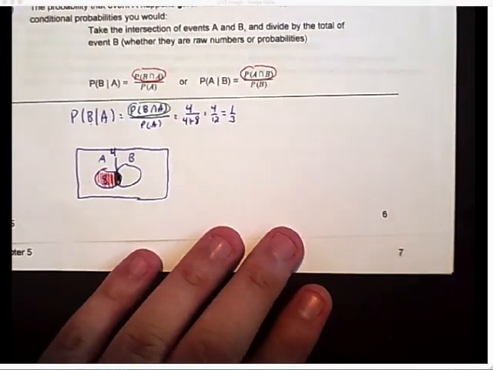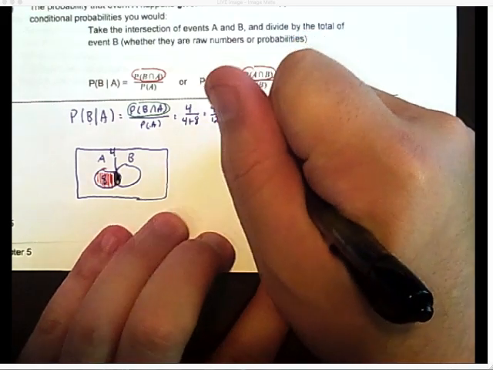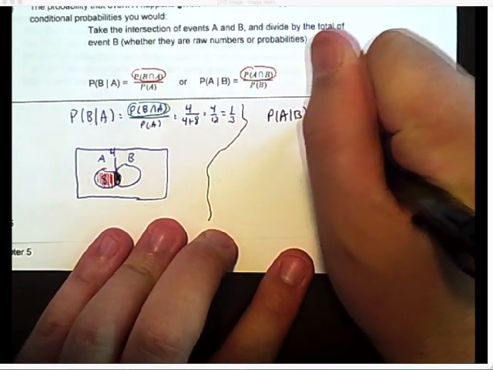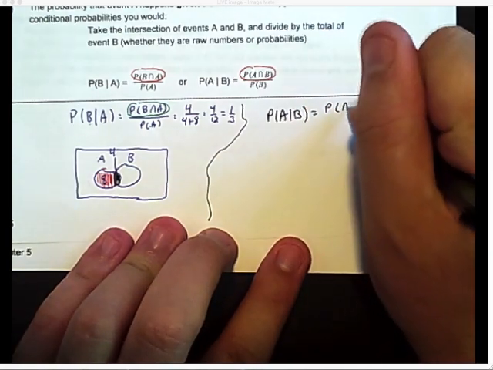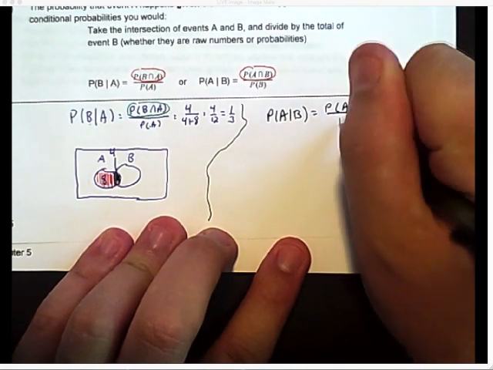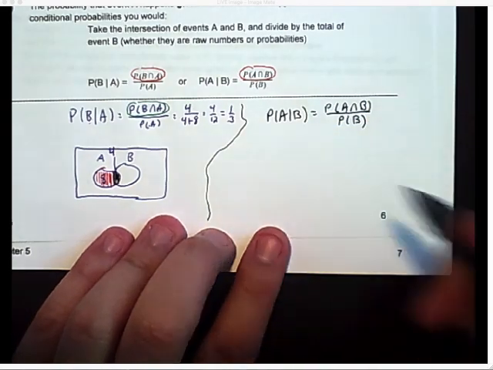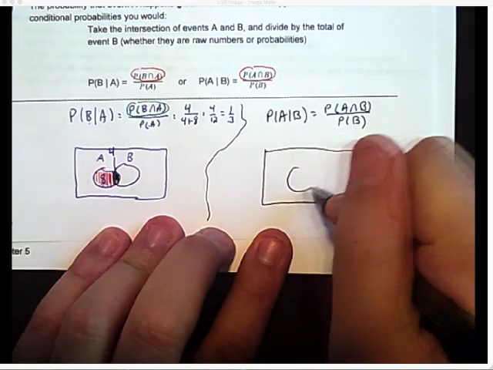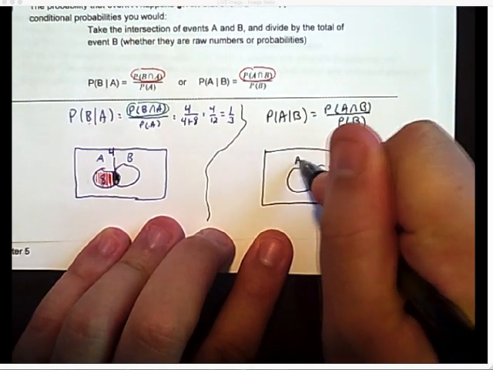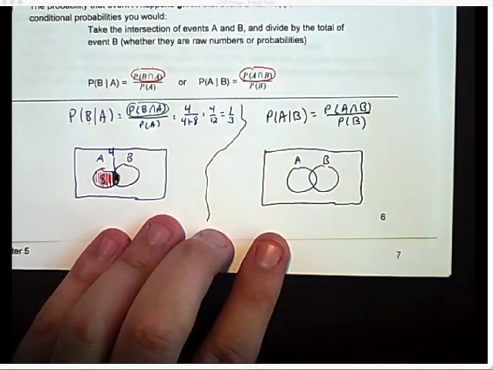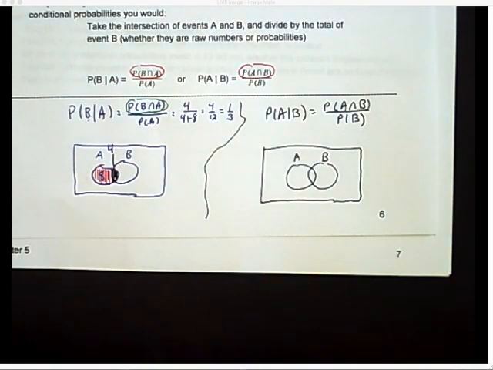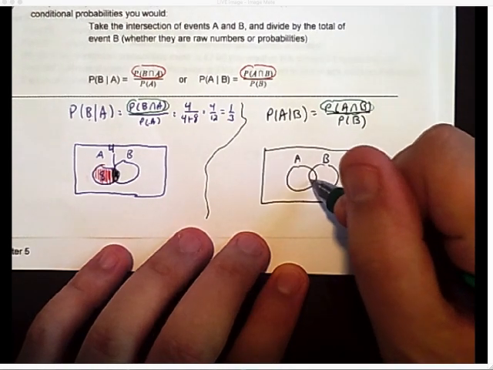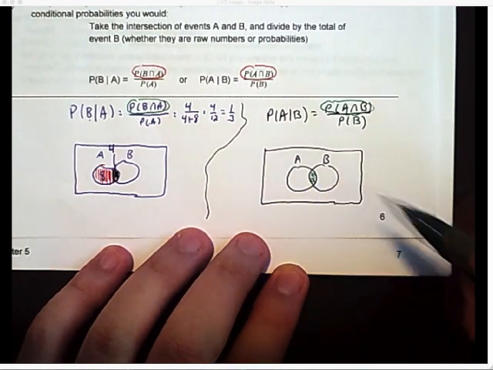And in the second example, the probability of A given B equals the probability of A and B over the probability of B. So in a Venn diagram, I make my circles, A, B. The top part is, again, probability of A and B. That's this intersection here.